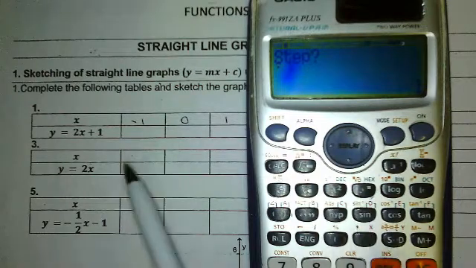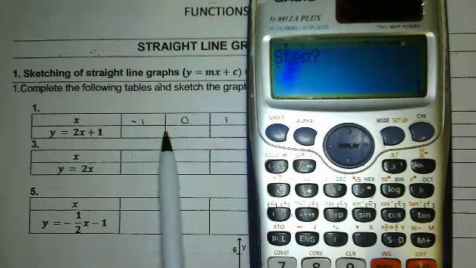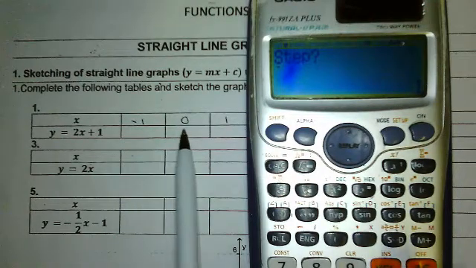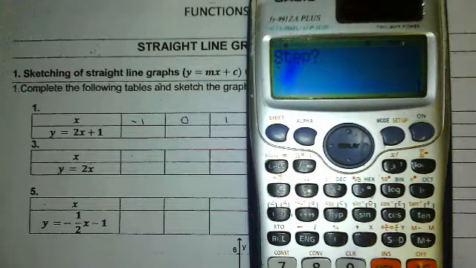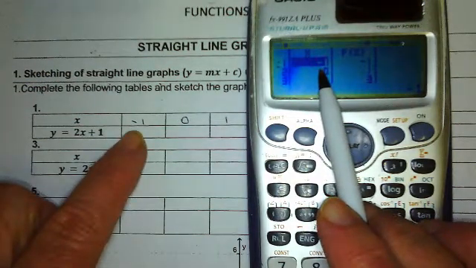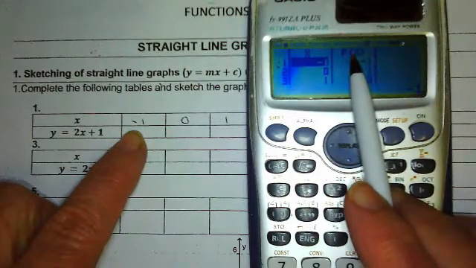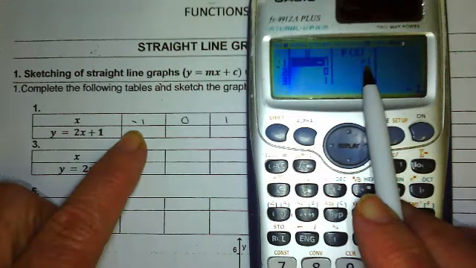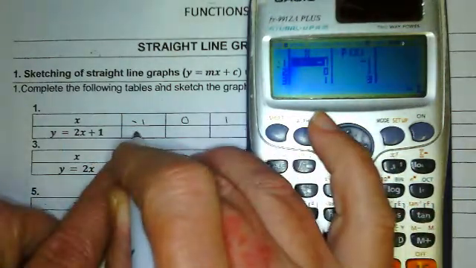Now it asks, in what amount did I count? I count in ones, so I put the step as 1 and I press equal. There's your table. So if my x is -1, my f of x, which is y, is also -1. So I can fill in -1 there.